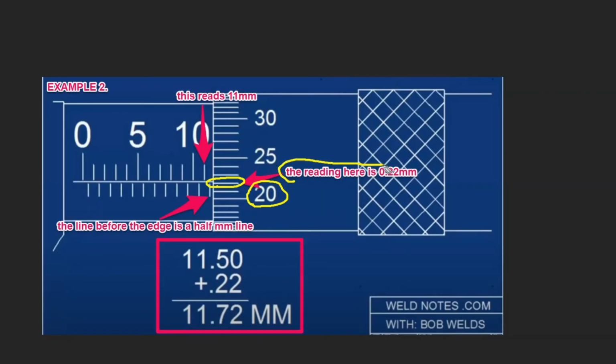The reading right here is 0.22 millimeters. Now remember, the barrel scale reading was 11.50. It was not 11 millimeters because of this half millimeter line. So it's 11.50 plus the 0.22 millimeters we found from the thimble. You add them together and we got the final answer to be 11.72 millimeters.